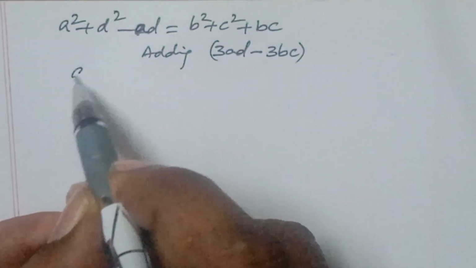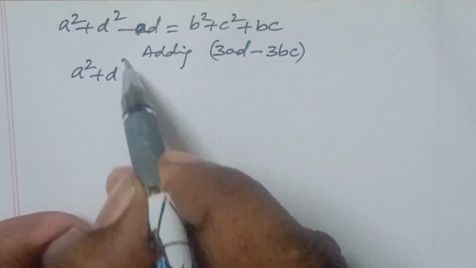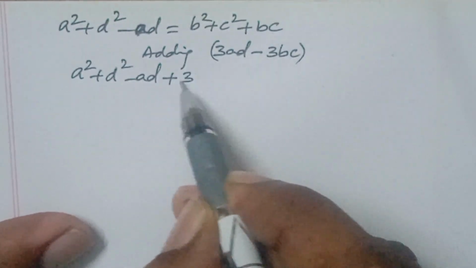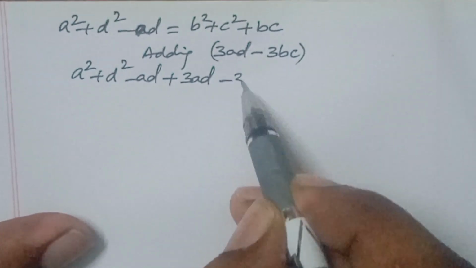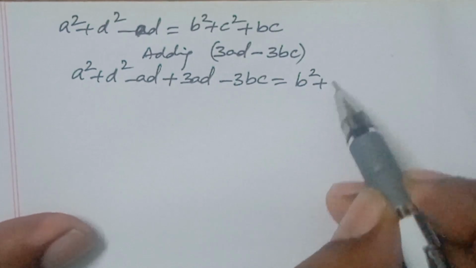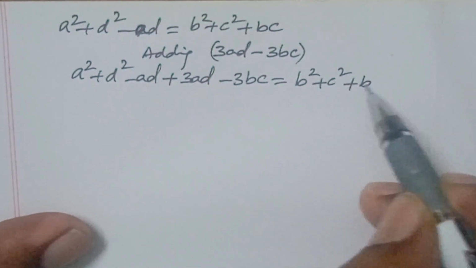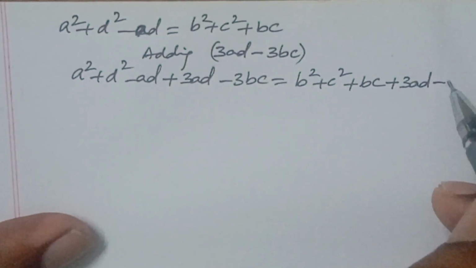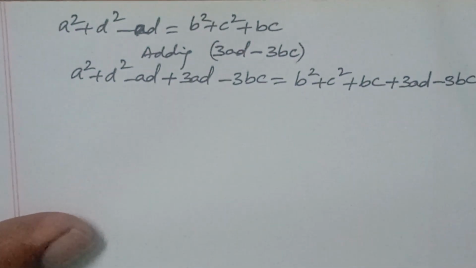So here what will we get? A square plus D square minus AD plus 3AD minus 3BC is equal to B square plus C square plus BC plus 3AD minus 3BC.